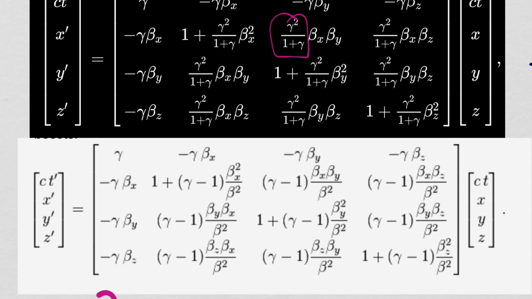And then here you have gamma minus 1, which looks a lot simpler, but you end up having a beta squared in the bottom, where that's the beta of the total transformation, the beta related to the overall magnitude v of the velocity of the boost, right? And then you have bx and by as a factor in both of them. So algebraically, these are very, very different.